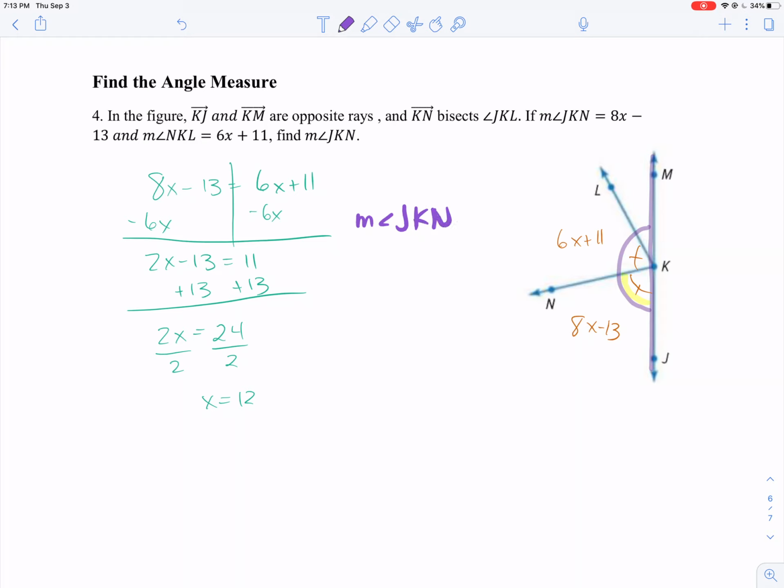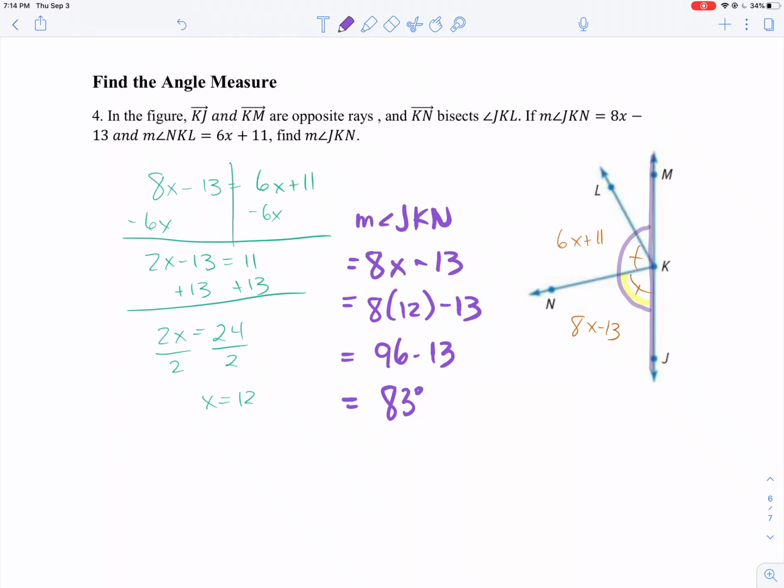So we're going to say the measure of angle JKN is going to be 8x minus 13. I know what x equals, so I'm going to plug in my 12. 8 times 12 is going to give us 96, minus 13 is going to give us 83 degrees.